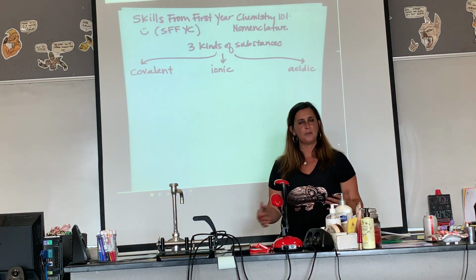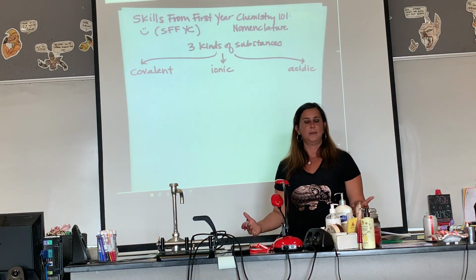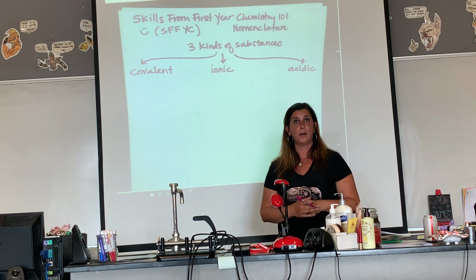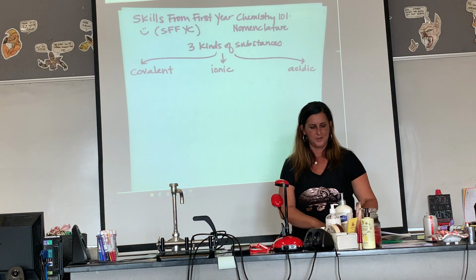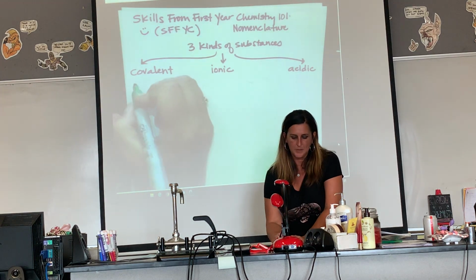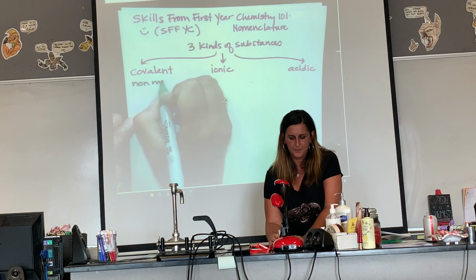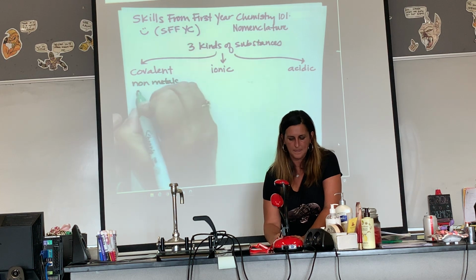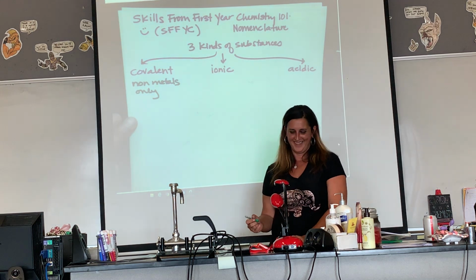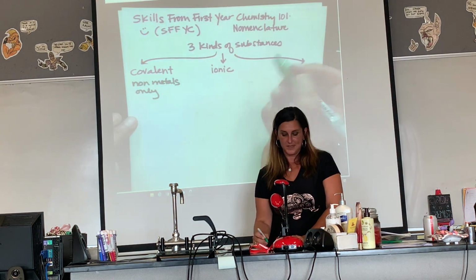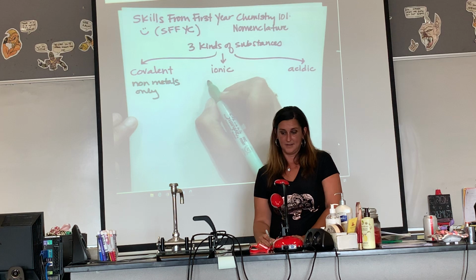And the way that you can tell these three different substances apart is to look and see what they're composed of. So covalent substances are going to be made up of nonmetals only. And ionic substances are going to be made of ions, amazingly enough.